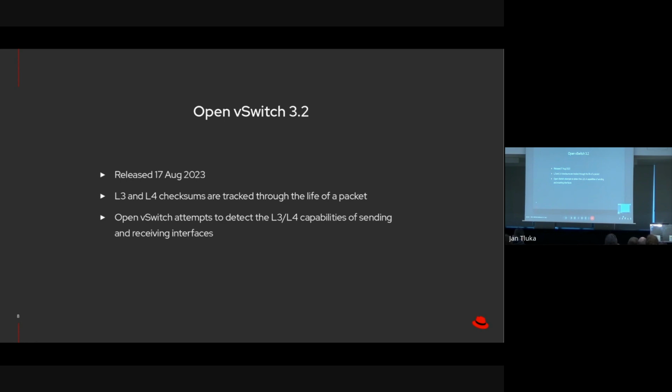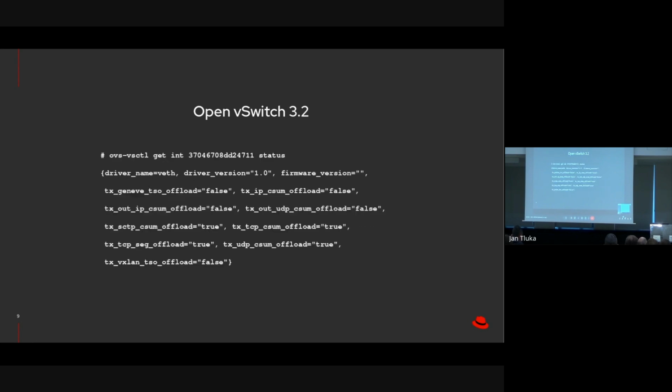This version also attempted to detect offload capabilities and present them to the user throughout the interfaces table. Here is an example of what that offload information looks like. This is just a vEth interface attached to Open vSwitch with the NetDev Linux NetDev class.